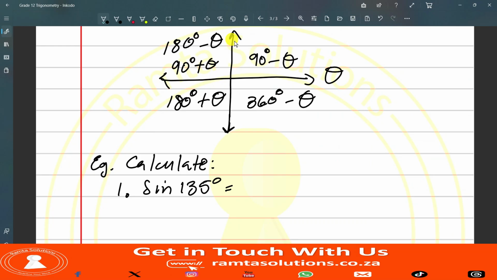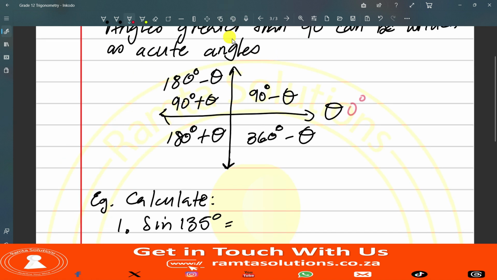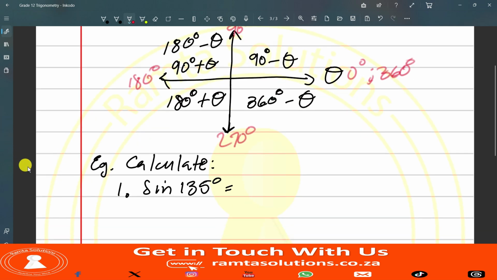It cannot be in the first quadrant. Remember, basically, you can say this is 0 degrees, this is 90 degrees, this is 180 degrees, this is 270 degrees, and coming back 360 degrees, right? So 135 is in the second quadrant, right?